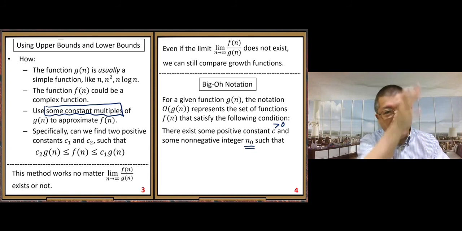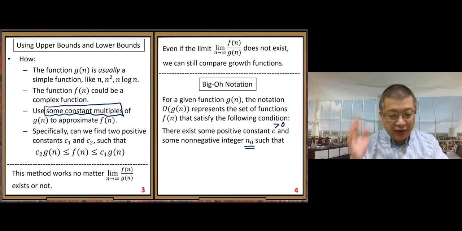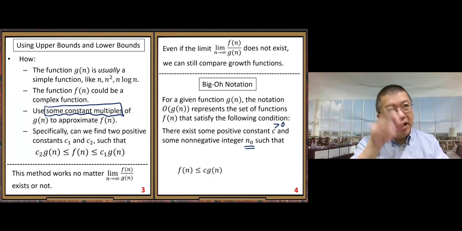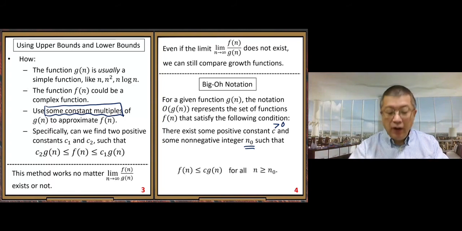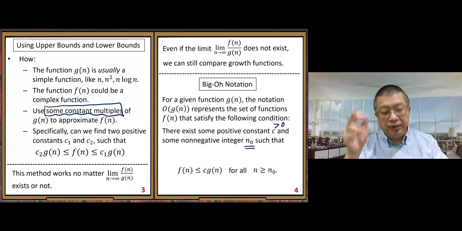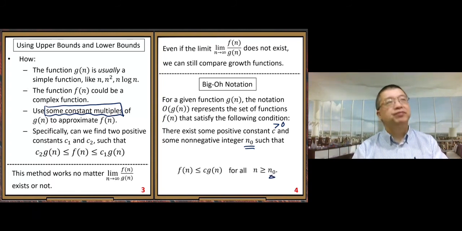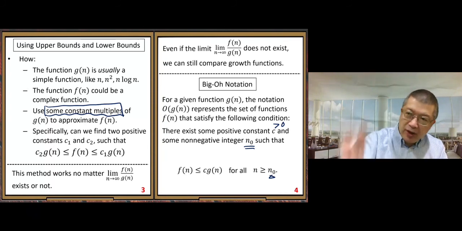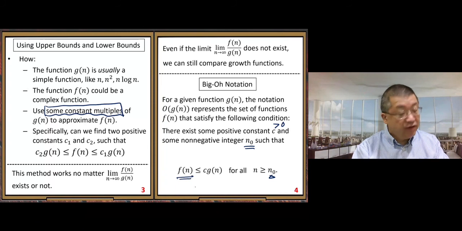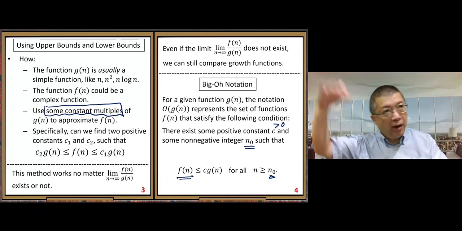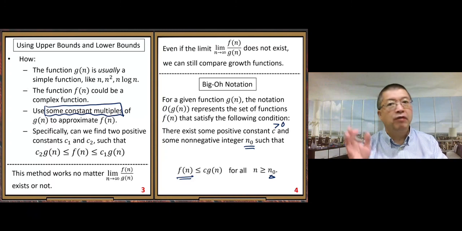N0 is some important reference point, such that f of n is less than or equal to c multiple of g of n for all n greater or equal to n0. So when the n value, the problem size, is greater than this reference point, then the f of n function can be bounded from above by c multiple of the g function.